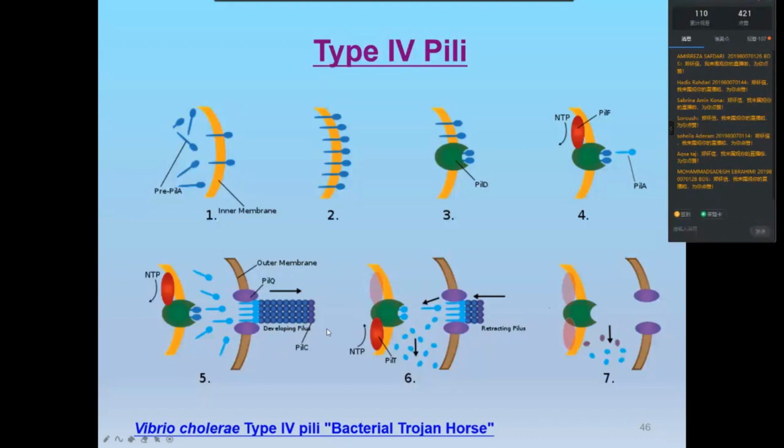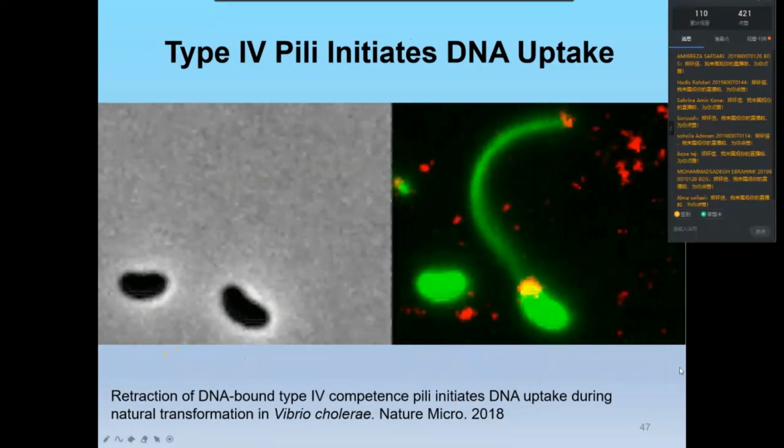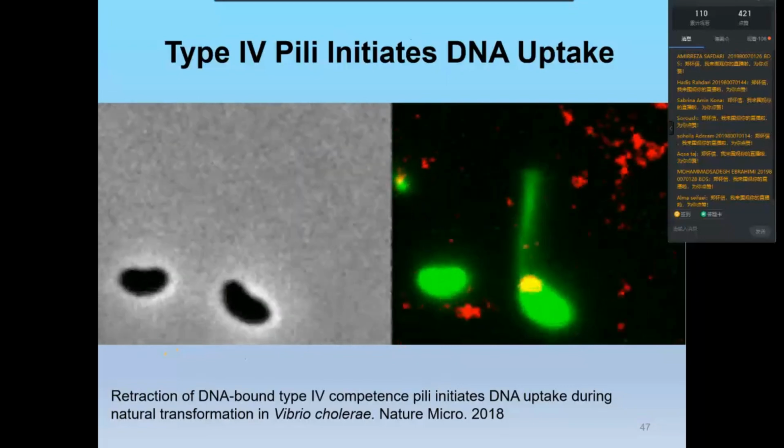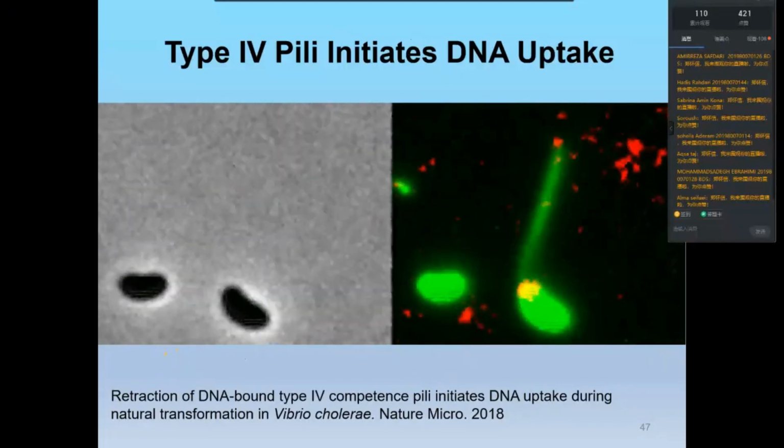There is some affinity between DNA and this pilus, so it can grab a DNA molecule and pull it back into the cell body, helping gene transfer by actively transporting DNA into the bacterial cell. So this is what happens in type 4 pili for DNA uptake.